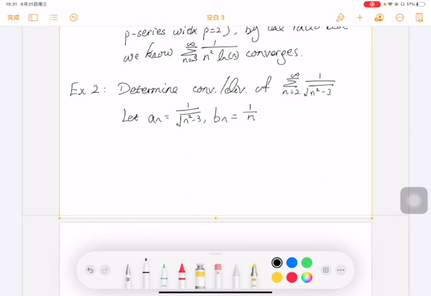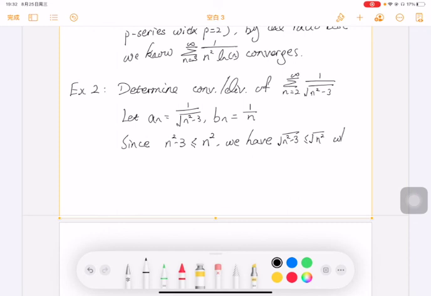Since n squared minus 3 is smaller than or equal to n squared, we have the square root of n squared minus 3 is smaller than or equal to the square root of n squared.